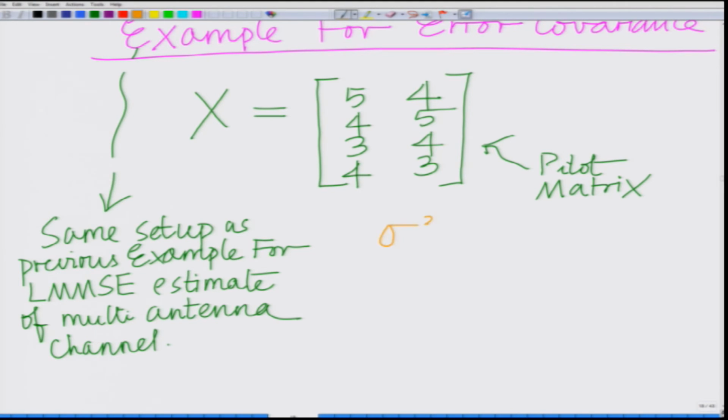We consider sigma square equals 2, this is your noise variance, okay. This is your noise variance.